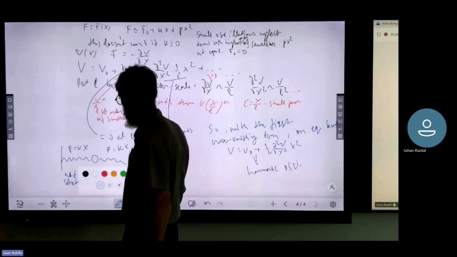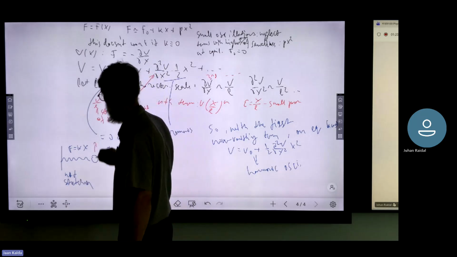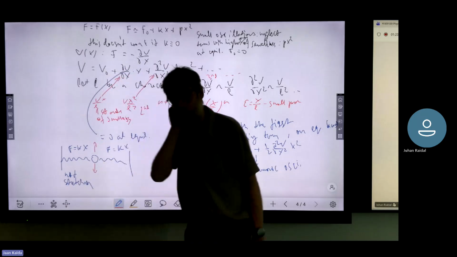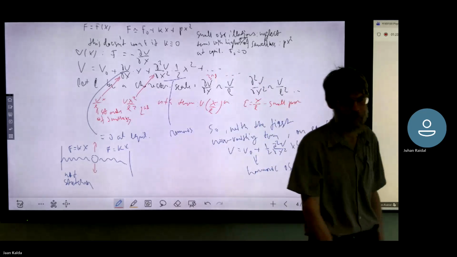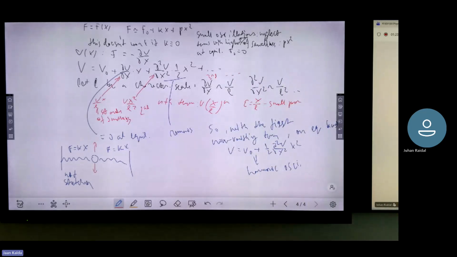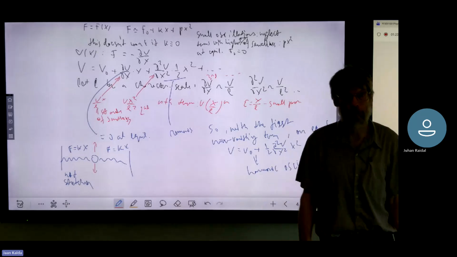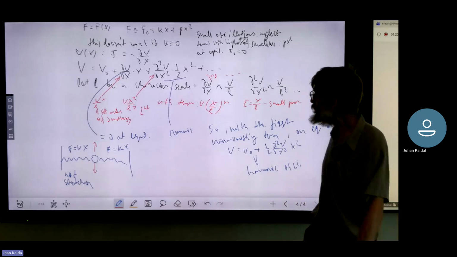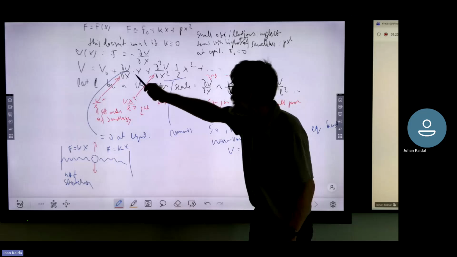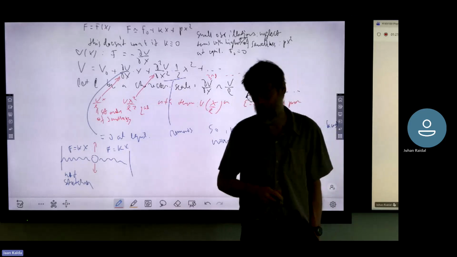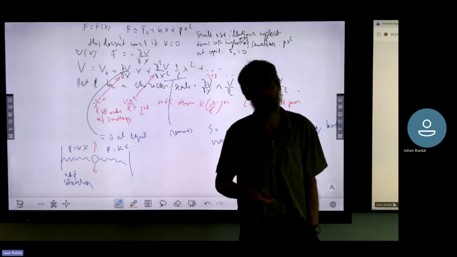And now you consider oscillations in this direction, right? And the question is, let us say, how does a period depend on oscillation amplitude? This is a case when actually this term here is exactly zero. Can you see why?